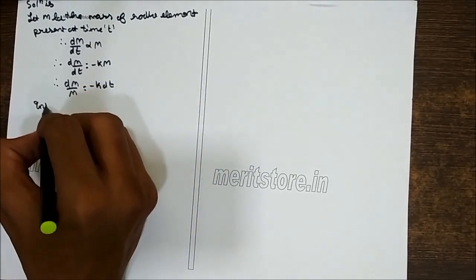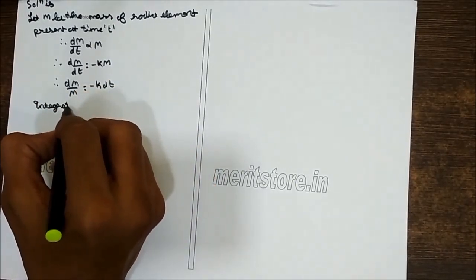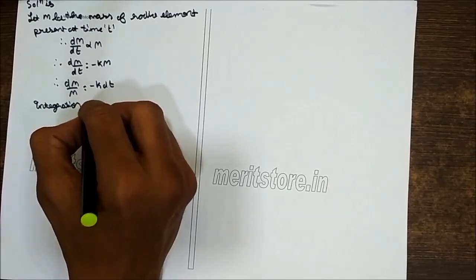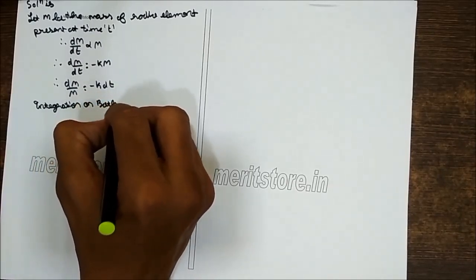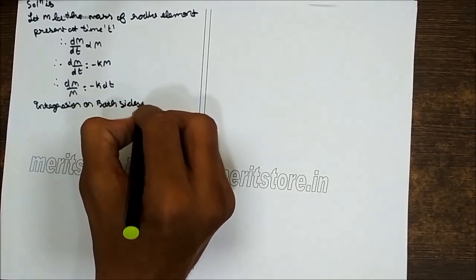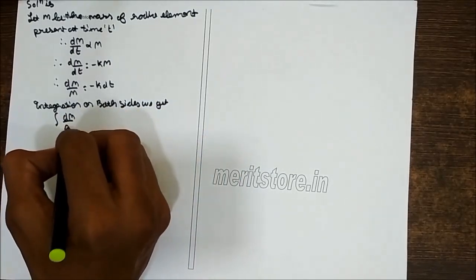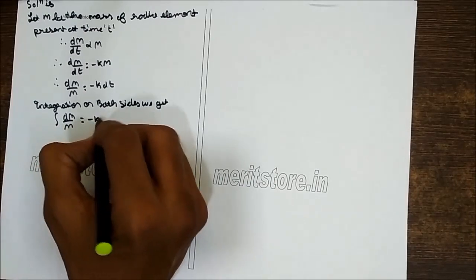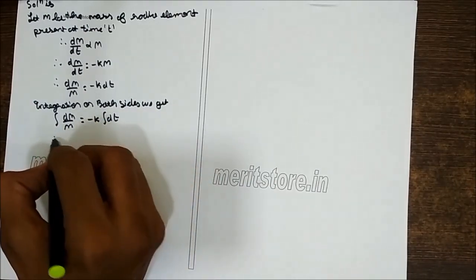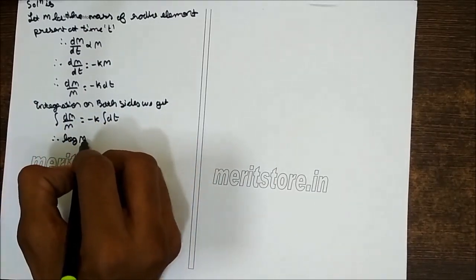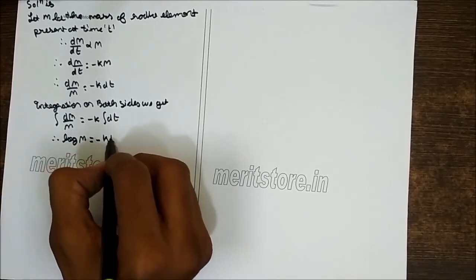Now integrating on both sides, we get integration of dm upon m is equal to minus k integration of dt. Therefore, log of m is equal to minus kt plus c.